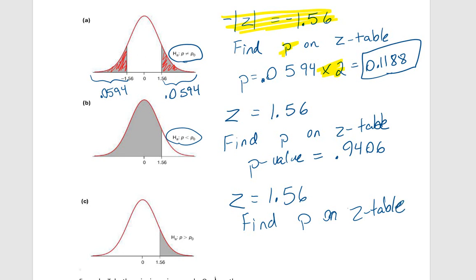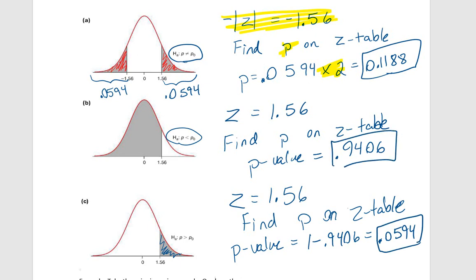But this time, since we're finding the probability and it's on the right-hand side, what you need to do with your p-value is 1 minus the value that you found on your z-table. So that is going to give us 0.0594 for our p-value.